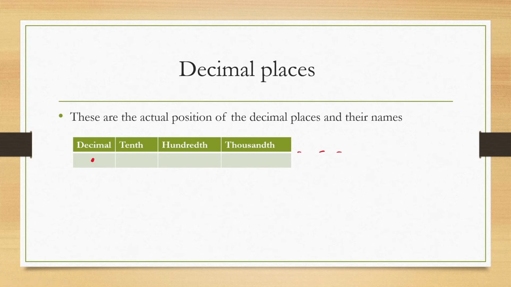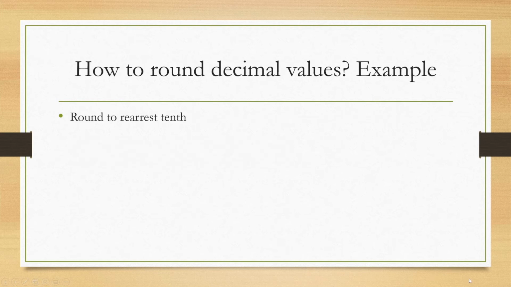When rounding in decimal places, it's the same as I rounded before, but you need to count the decimal places and compare the value next to that number. If it's 5 or more, then add 1 to that number, and if it's 4 or less, you keep that number the same.